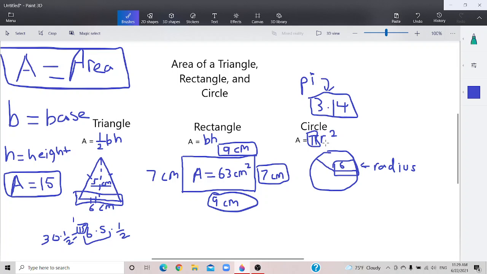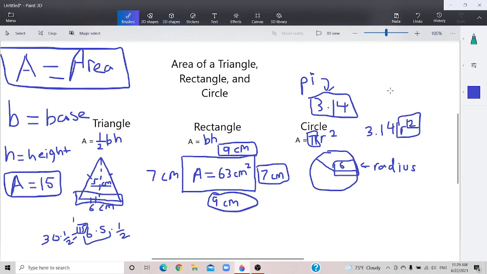So what does that mean, pi r squared? Pi we know is 3.14, so we can say 3.14 r squared. What does this r squared mean? If you don't know exponents already, the number 2 is an exponent and r, the radius, is the base.